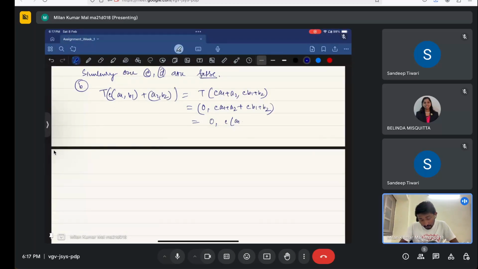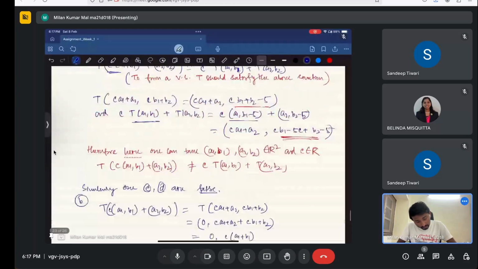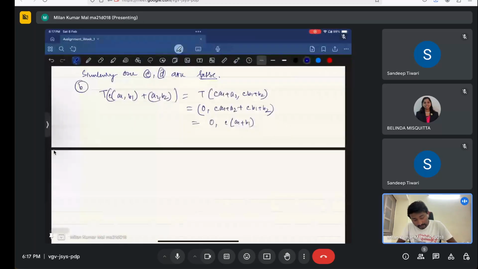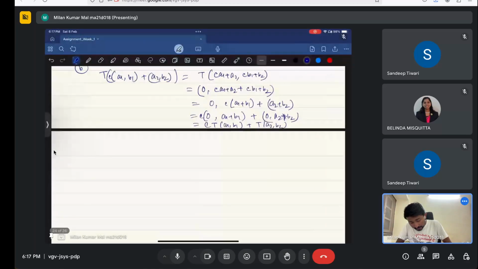We have to write C of TA1 plus A2 plus B2. So one can write this as C of (0, A1 plus B1) plus (0, A2 plus B2). So this is nothing but C of T(A1, B1) plus T(A2, B2).